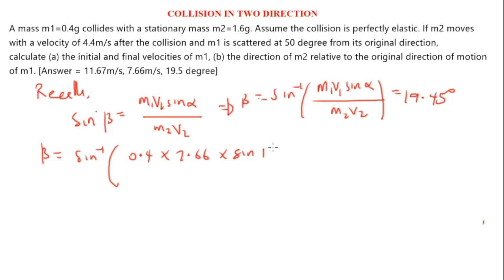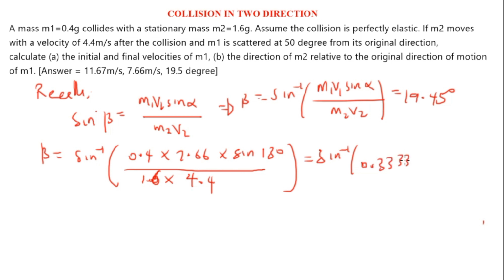Then sine alpha is sine 130 degrees, all over m2, which is 1.6, multiplied by 4.4, so that will give us the arc sine of 0.3333. And if you do that, you will have 19.45 degrees. So that's the answer.